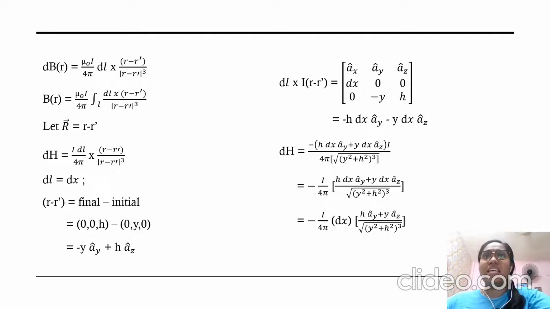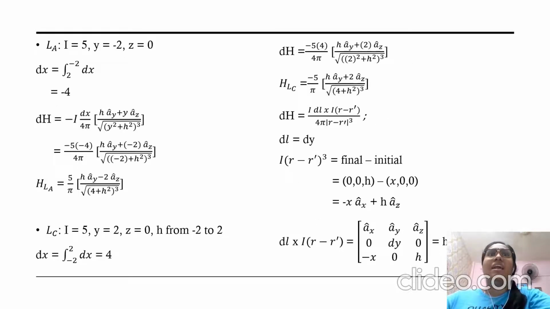After substituting all the equations, I'll just explain from here: dH equals negative 1 over 4 pi times dx (h ay plus y az) over (y squared plus h squared) to the power of 3 over 2. So I have written it as this.